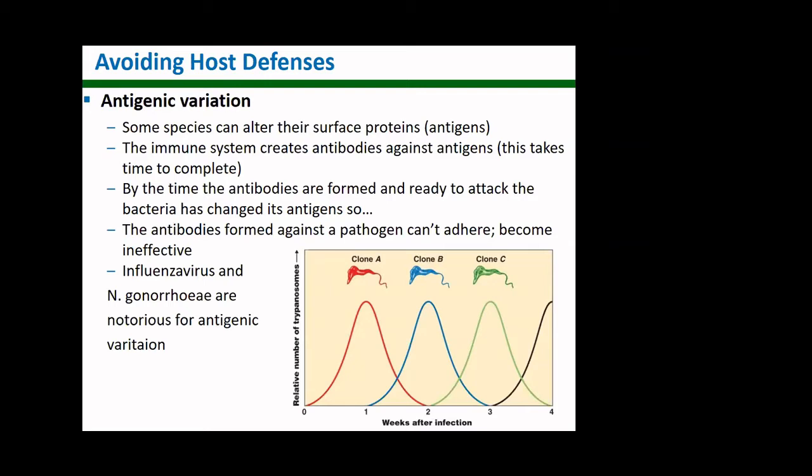Most of those will go away, but then you'll get a new population of cells that have slightly different proteins and carbohydrates on their surface. And so that can cause another infection, okay? Kind of like antibiotic resistance, but a little bit different, in that it's the same pathogen. It just looks a little different every time the infection comes up.